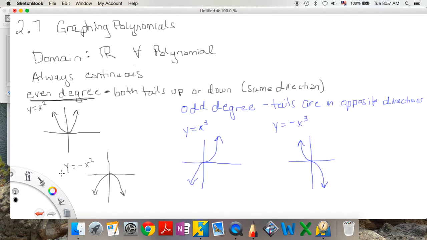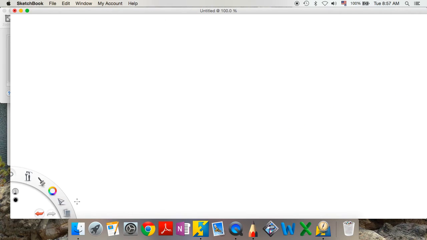So, some steps to graph this by hand. And yes, you do need to be able to graph this by hand. So the first step is to find the zeros. We've talked about ways to do that.